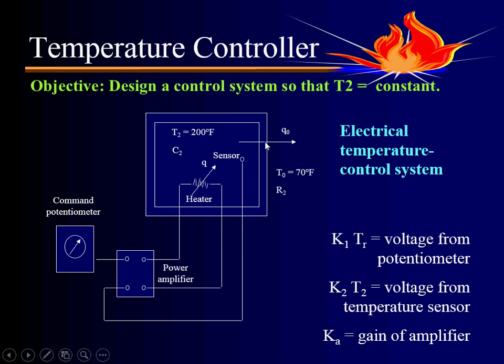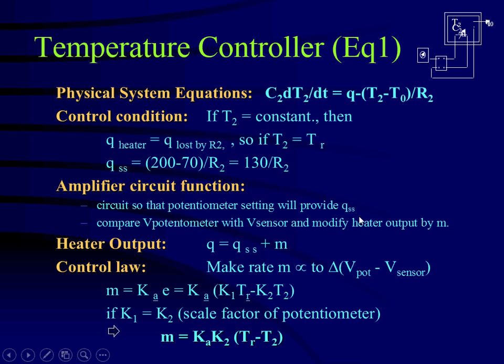Another thing that you consider here is the insulation of the walls, but this would be a kind of system that we have a differential equation of first order like this, derived from the basic application of principles of heat transfer. And then you will have the amplifier circuit function, of course.